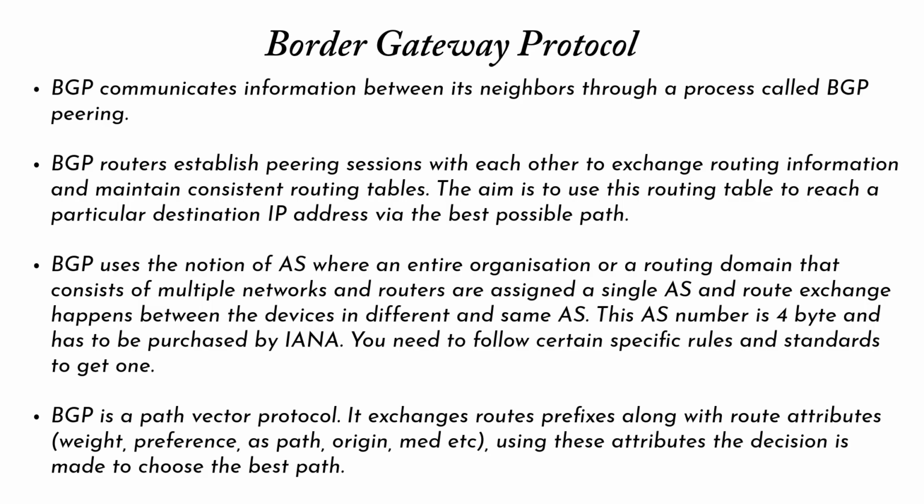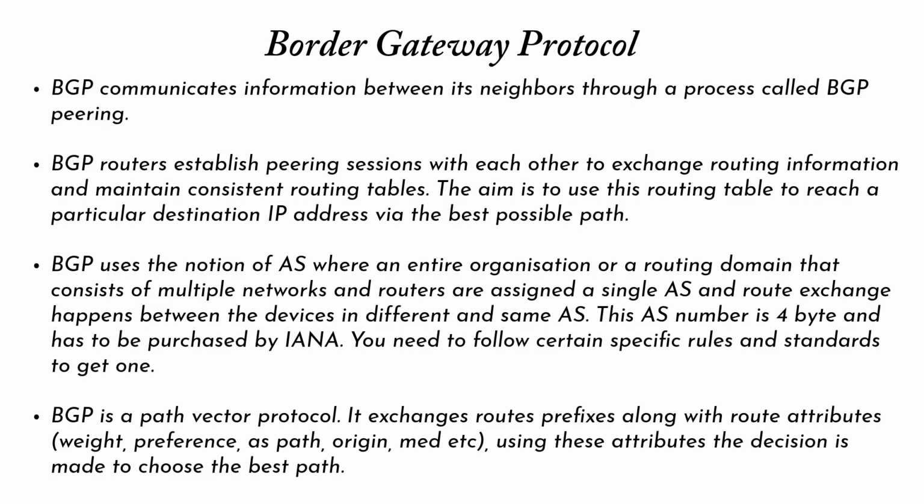The AS number is a 4 byte number. Earlier it used to be 2 bytes, 1 to 65535, but now they have increased it to 4 bytes, which is about 4 billion. So this is not available easily. It has to be purchased, issued by an international standard body called IANA. You have to follow certain rules and regulations and comply with certain principles, only then will you be issued an AS number. Generally large organizations that have their own data centers and multiple routers and networks purchase this.